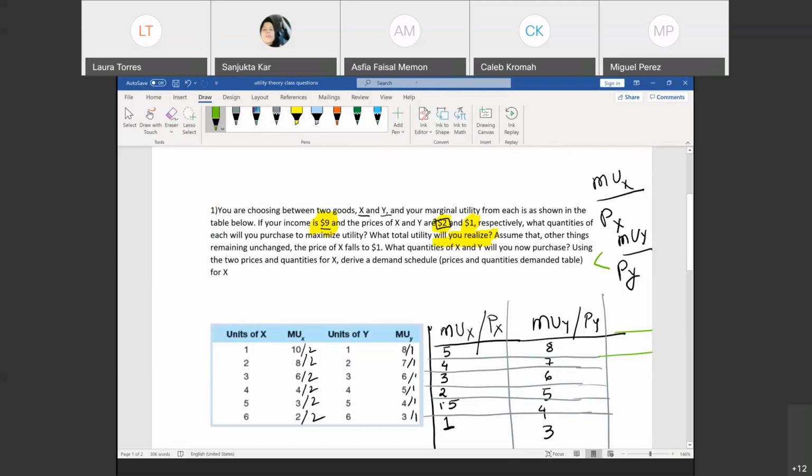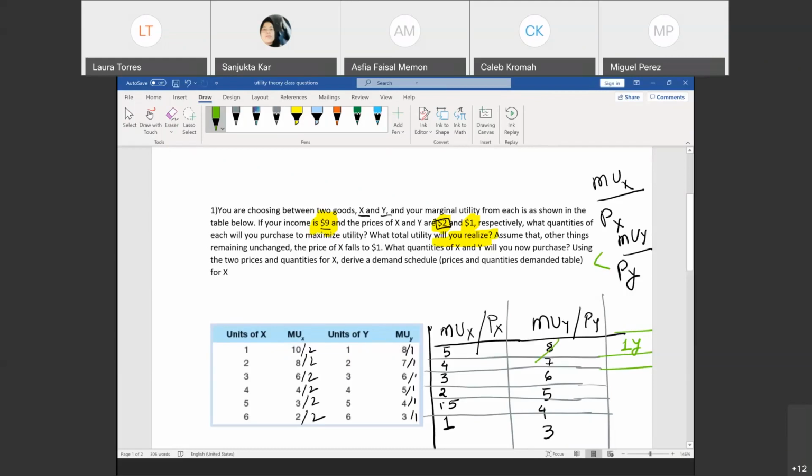So I really want to buy 1 unit of good Y because this one is greater than this one, okay? So I just bought 1 unit of good Y. That's what I have in my basket. So I went ahead and bought the first unit of good Y.